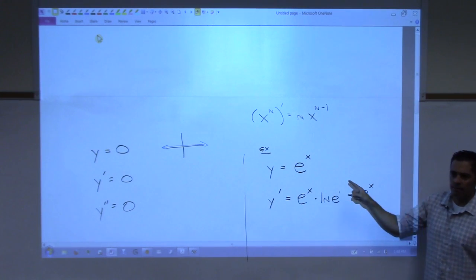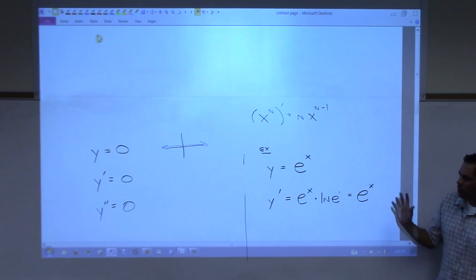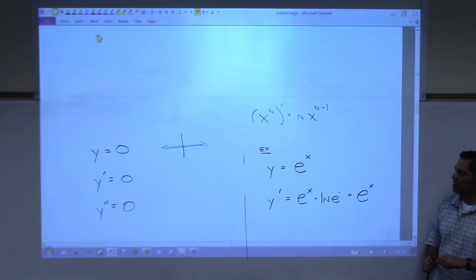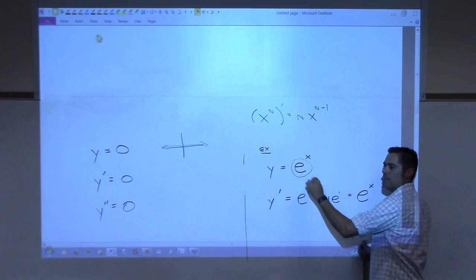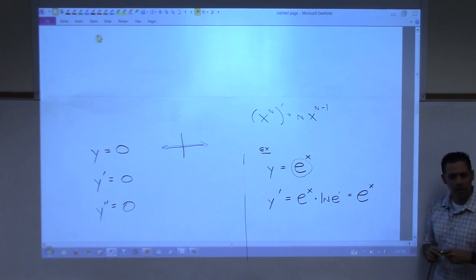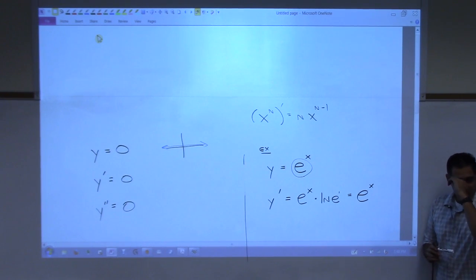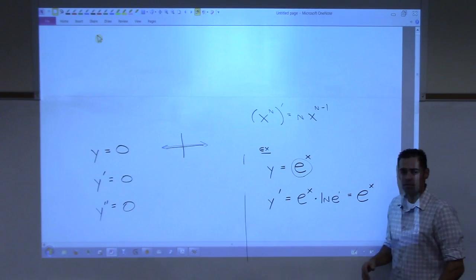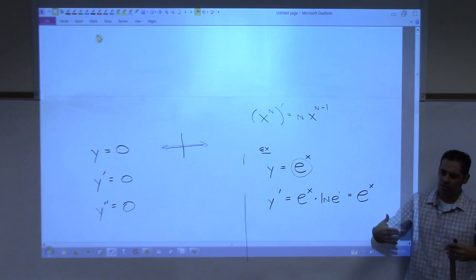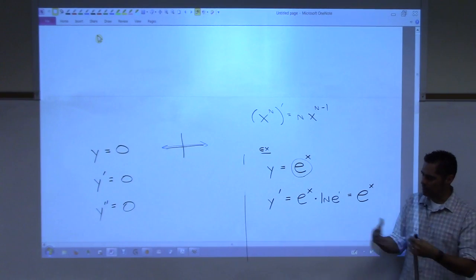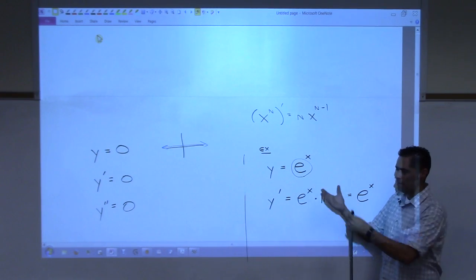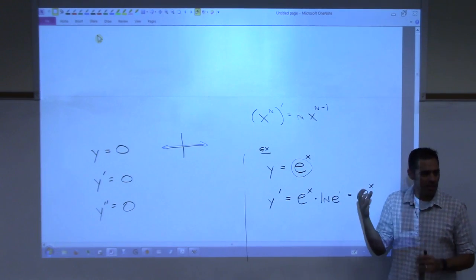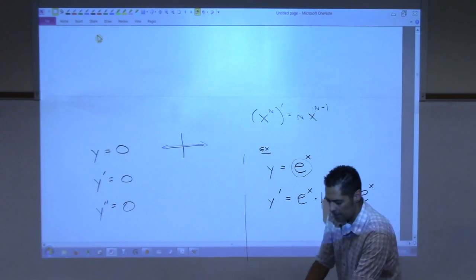And this is the one. We don't know why it is. It just is. And it only works for e to the x. It does not work for any other base. And that's why we call it the natural exponential function, because it naturally occurs. We're not sure why. That's the natural base. That's the base that creates that perfect function that we want.